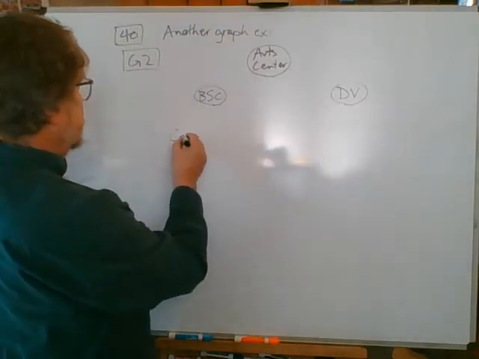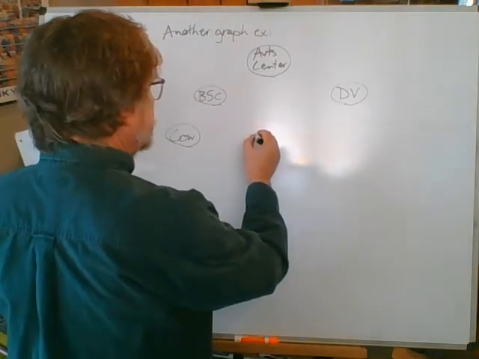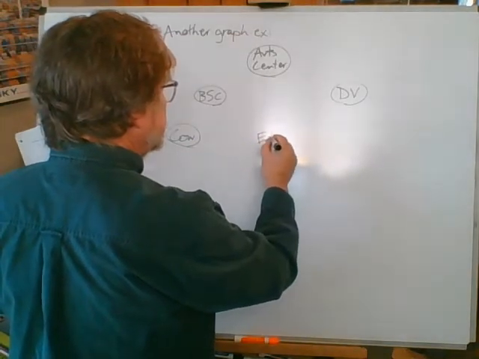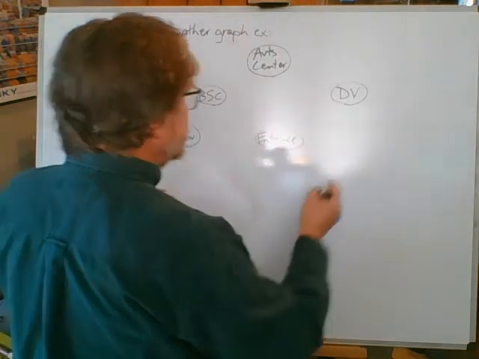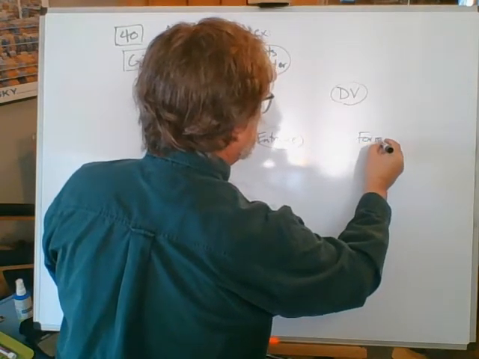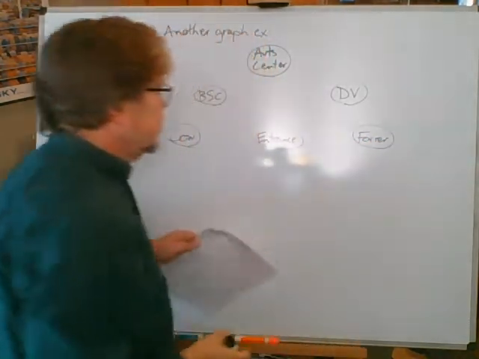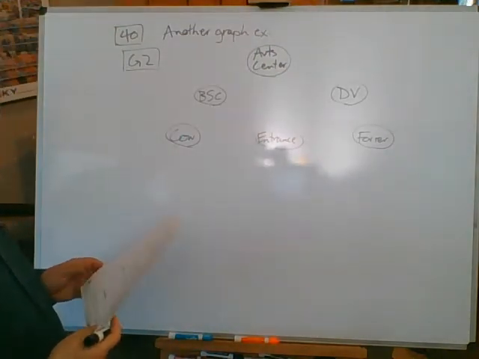I'll call that Cal in the interest of time. Cal is Cowgill. The entrance on Broadway. Entrance. And over here is the Ghost of Forer Hall. Again, just arbitrary node labels, just so I've got a graph I can work with.